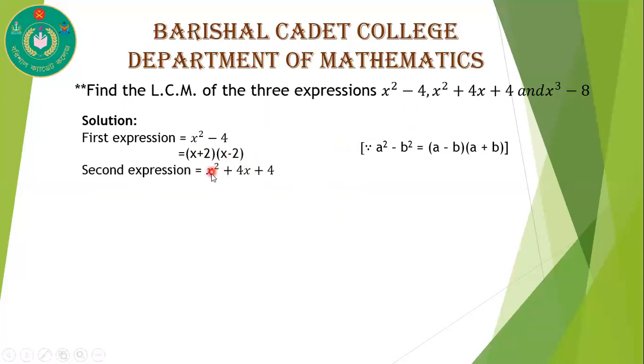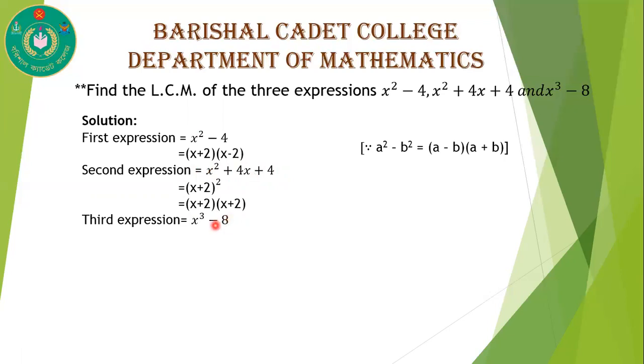Second expression, x square plus 4x plus 4. Here we observe that a square plus 2ab plus b square. Then we can write x plus 2 whole square. After this, we can write x plus 2 into x plus 2. Then third expression, x cubed minus 8.